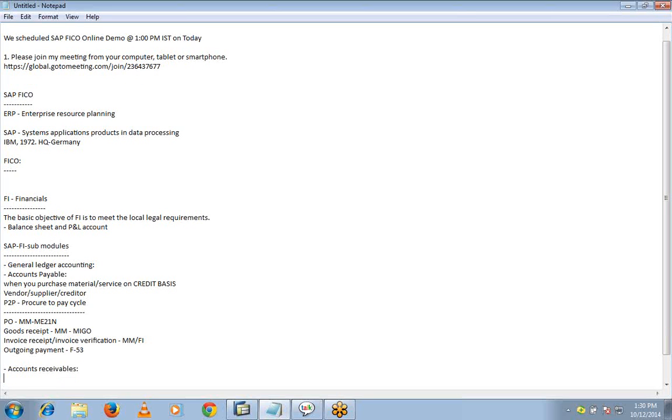Now, we'll talk about accounts receivable. Accounts receivable arises when you sell something on credit basis. When we sell goods or services on credit basis, that is covered under accounts receivable.